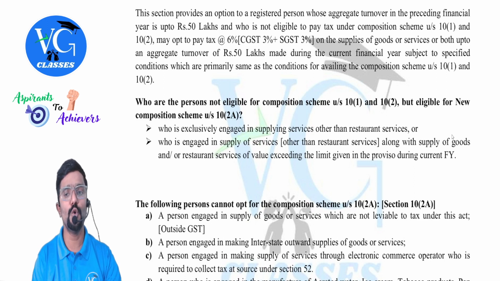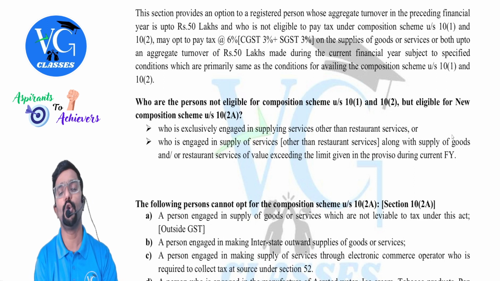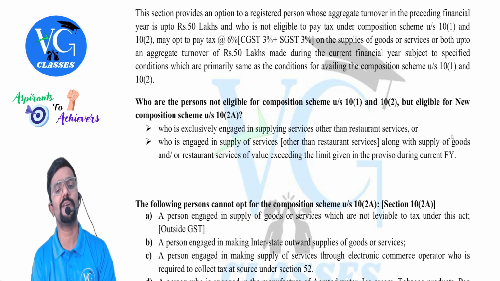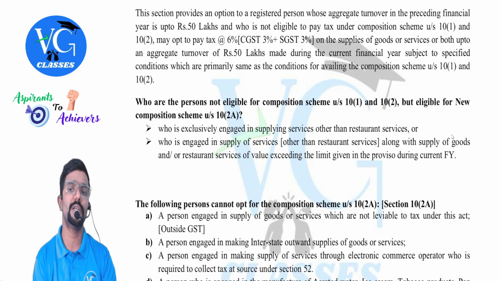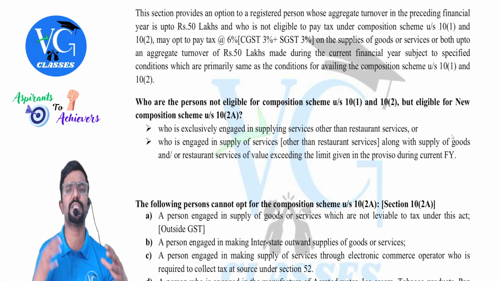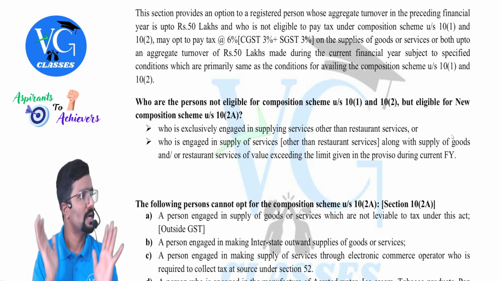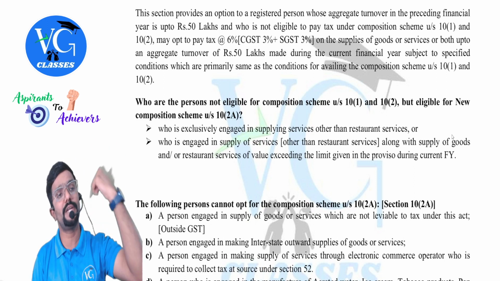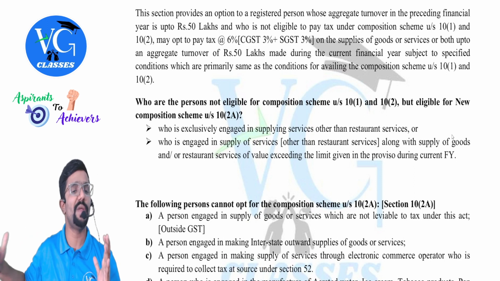On the supplies of goods or services or both up to an aggregate turnover of 50 lakhs made during the current financial year, subject to specified conditions, which are primarily the same as the conditions for availing the composition scheme under section 10(1) and 10(2). Conditions, restrictions and all are the same for both composition schemes, guys. Who are the persons not eligible for section 10(1) and 10(2), but eligible for 10(2)(a)?